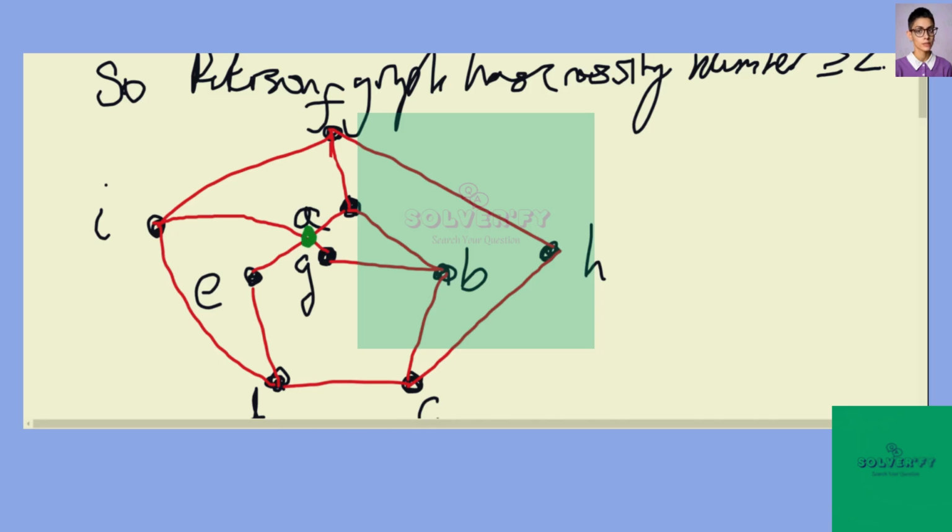And let's move J below G but above C and D. Well, we have that J is connected to E, G, and H. And now we have a second crossing here between JH and BC.